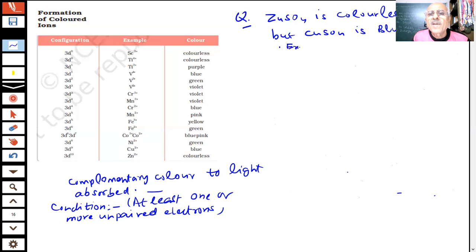Explain, students. You have 1 minute to answer the question, students. ZnSO4 is colorless, so CuSO4 is colored.